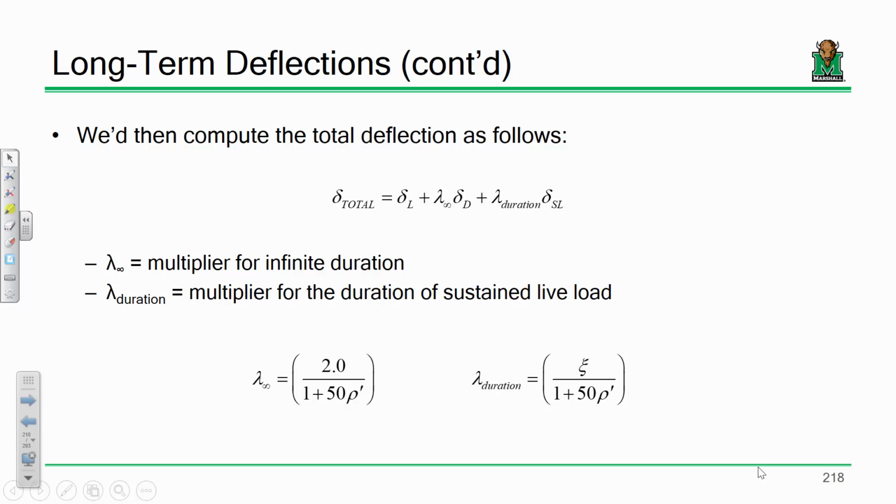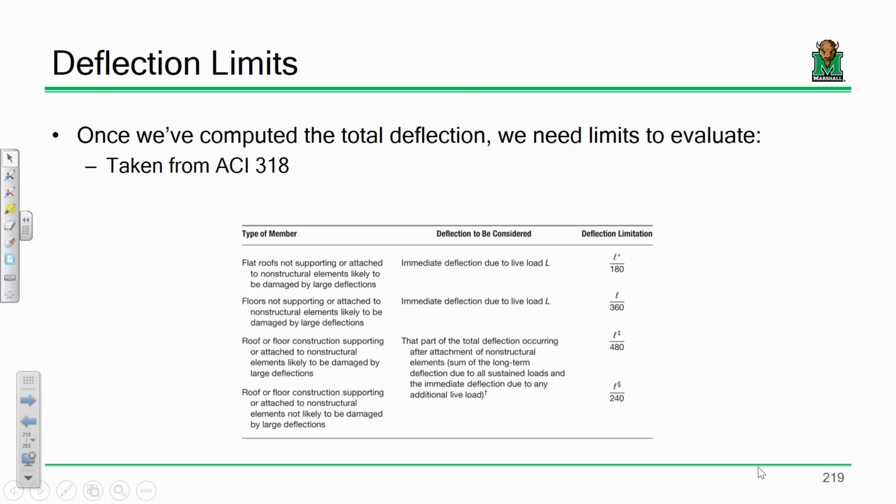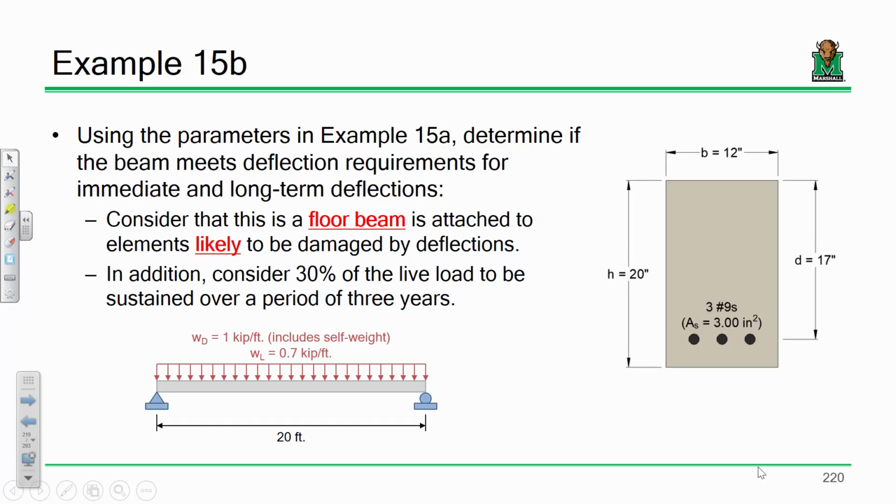Everybody okay with that? And then for the sustained live load, it depends on how much is sustained and what the time period is. So what we're going to do on our next example, and I'm going to probably call it here in a little bit because I don't want to start combining a bunch of stuff all during lecture, especially when most of you have a celebration coming up in a bit. What I'm going to say is this.